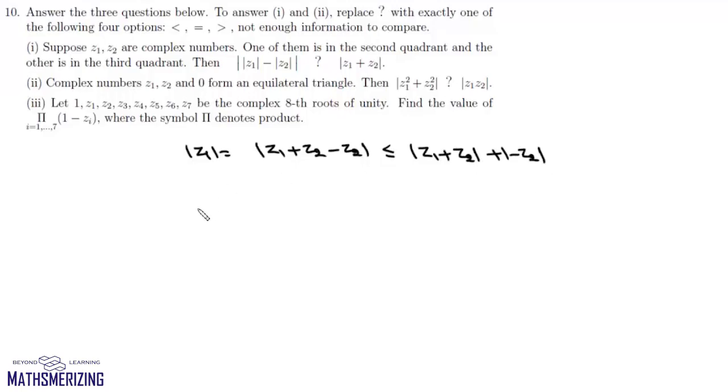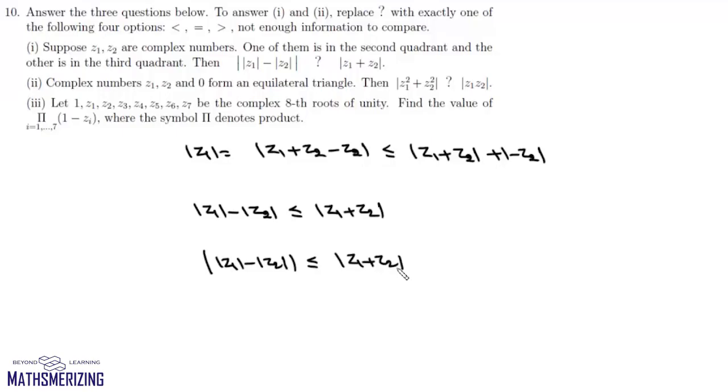And if we take it on the left hand side, we can write mod z1 minus mod z2 is less than or equal to mod of z1 plus z2, or we can write mod of (mod z1 minus mod z2) will be less than or equal to mod of z1 plus z2.